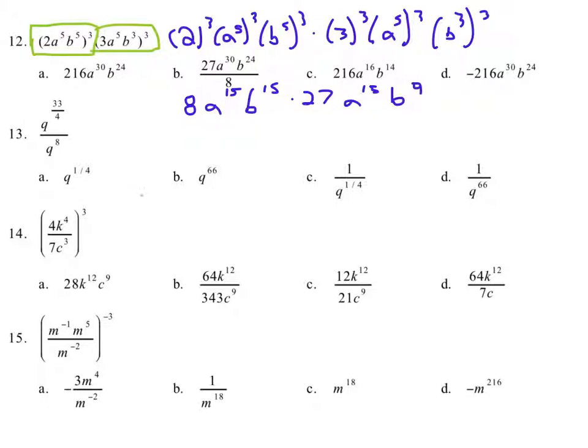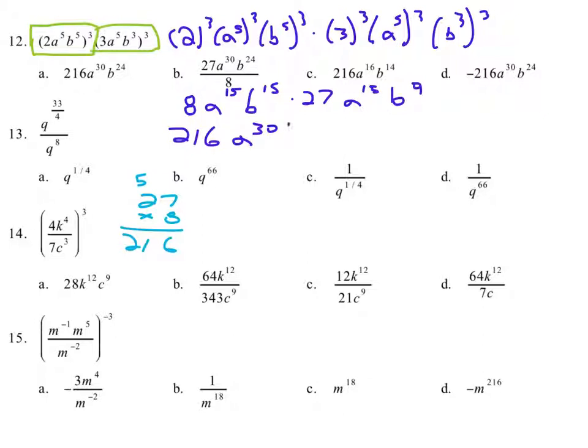8 times 27, I'll do that down here. 27 times 8, 6, carry the 5. 8 times 2 is 16, plus 5, 21. 216 is our coefficient. And then we multiply a to the 15th times a to the 15th, which is a to the 30th.